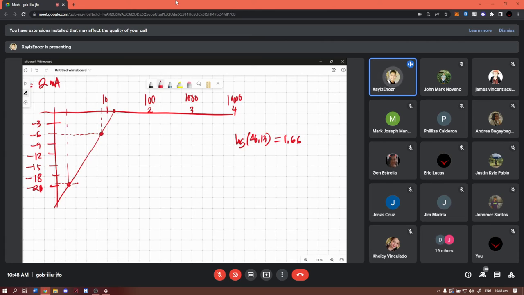So probably it is at this point. Next, the logarithm of the first octave backwards of 46.13 is 1.36. So we plot it at the negative 6 dB point, 1.36. So probably it is here.